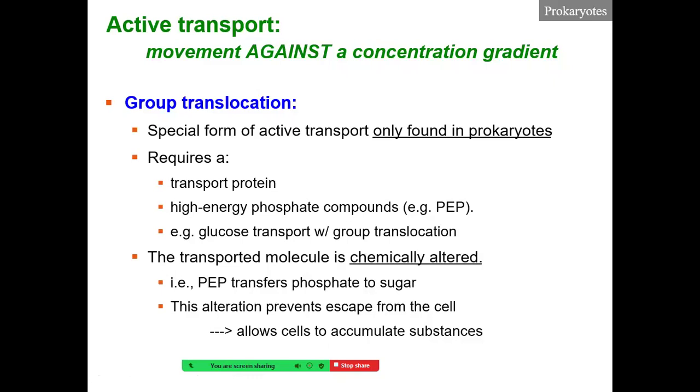A high energy phosphate compound is used. It's not usually ATP. It's another high energy phosphate compound like PEP. You don't really need to know what PEP is, but we're just going to say this high energy phosphate compound gives up a phosphate group and releases that energy, which the transport protein uses to pump the molecule across the concentration gradient.